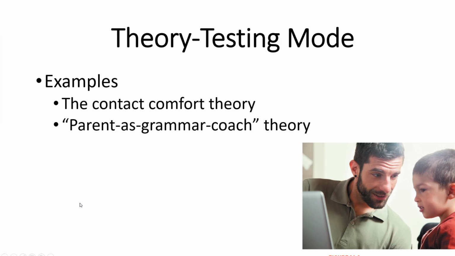So back in chapter 1, we had looked at the theory data cycle. These researchers in theory testing mode would be using that theory data cycle to try and test a theory and refine their theory based on what kind of evidence they were generating. And in these cases, external validity is far less important to the researcher than internal validity.